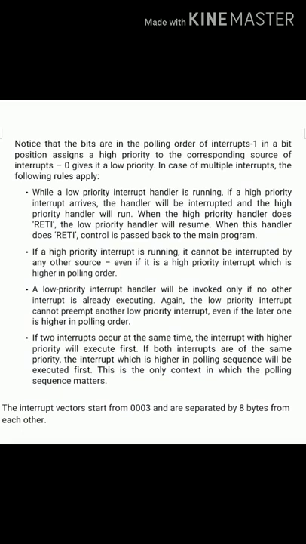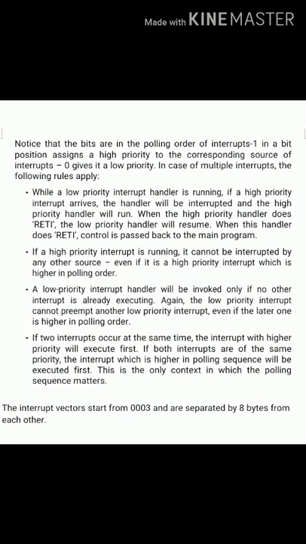It executes the high priority interrupt and then gets back to the low priority interrupt, completes it, and then gets back to the main program. So in this process the priority of the interrupts gets executed.